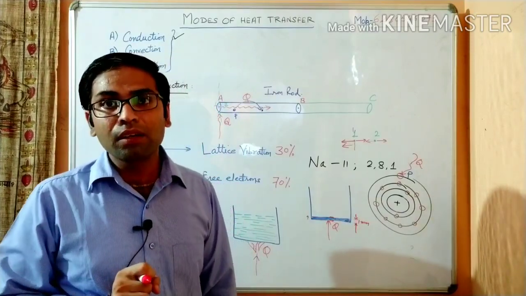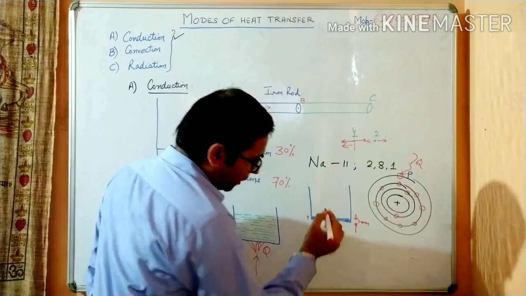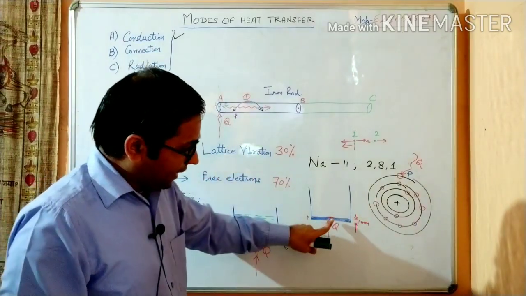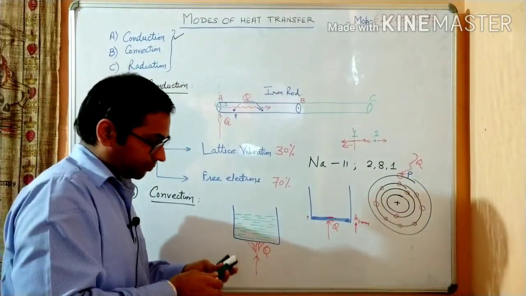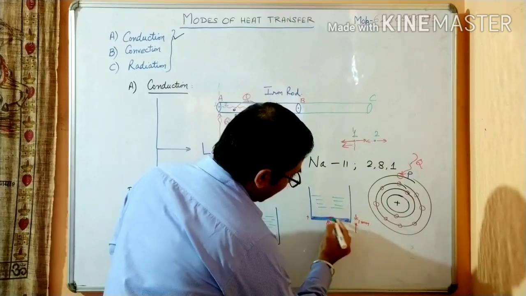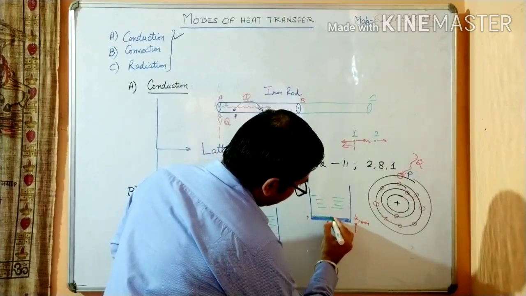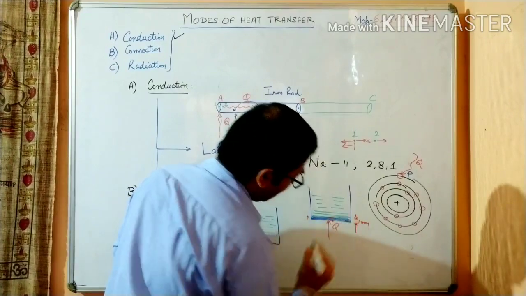Ensure it. Now when heat reaches the internal surface, which is in direct contact with the liquid over it. So this is liquid and this is the first layer of liquid, this is the second layer of liquid, third layer of liquid.